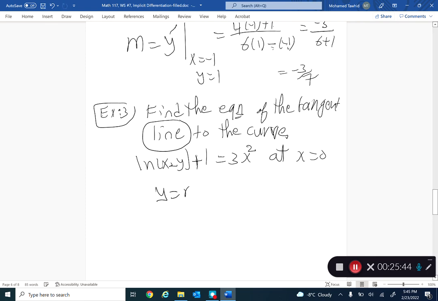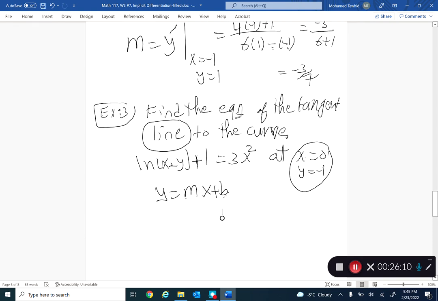The equation of any line should be mx plus b. How to get b? Your b here, you need to figure out your intercept. As I said, I should give you x and y. So here, maybe I should write at x equals 0 and y equals -1. So the slope, it will be at 0 and -1.